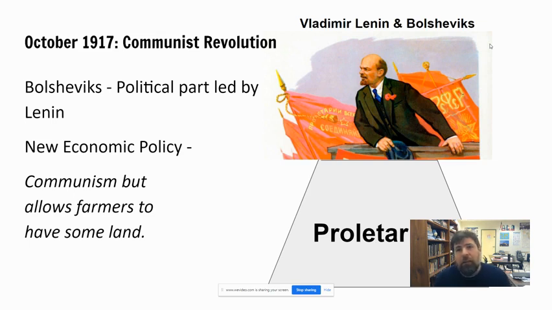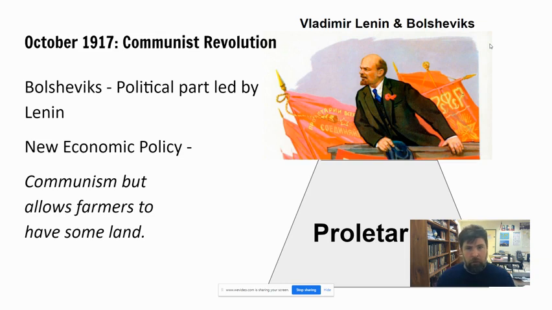So Lenin tries to really appeal to everyone by doing this. He does something called his New Economic Policy, which is where he implements communism, where the state takes control of all the businesses and the economy, but he still cuts out a little loophole for some smaller businesses to own their own stuff.